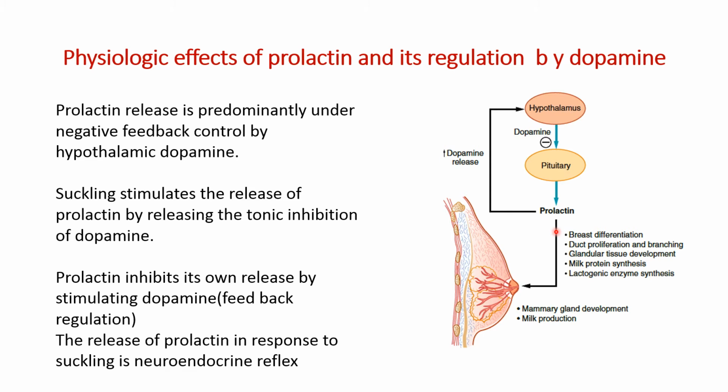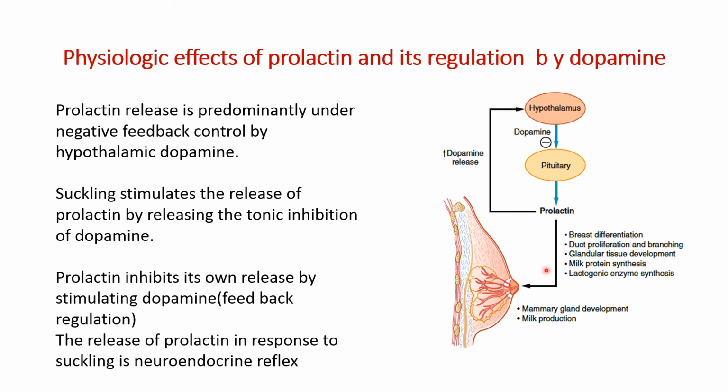So there is a slight difference here, and here are the functions on the mammary gland: development, milk synthesis and production, stimulation of lactogenic enzymes, which are needed for milk synthesis, milk protein synthesis. It could cause breast differentiation, duct growth and proliferation and branching, as well as glandular tissue development.